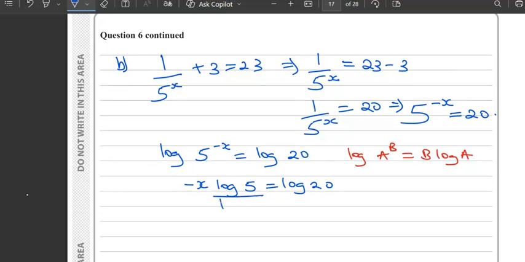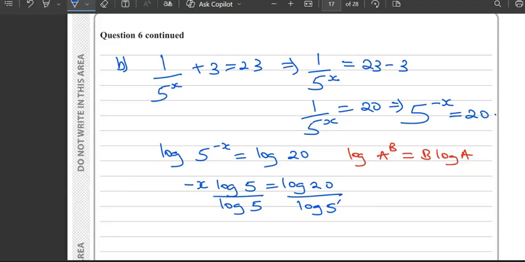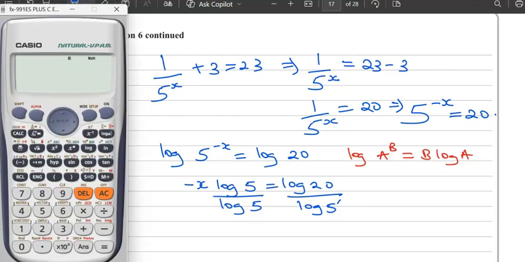You can divide through by log 5. And having our calculator, we'll have log of 20 divided by log of 5.